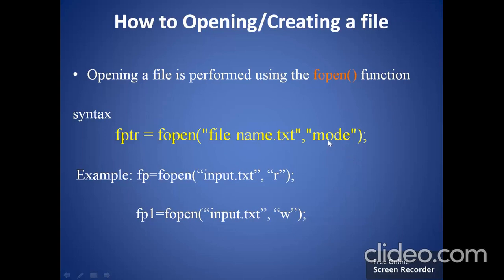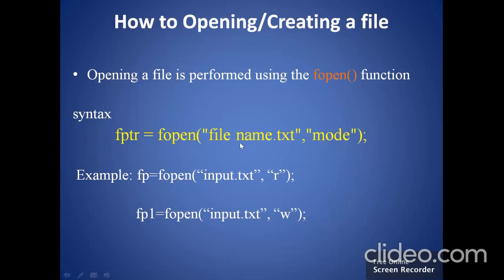Read mode indicates that this particular file is open for reading data from the file. Write mode indicates that this file is open for writing data into the file. The third mode is append mode. Append mode indicates that without losing the existing content, we can add some data into the file.